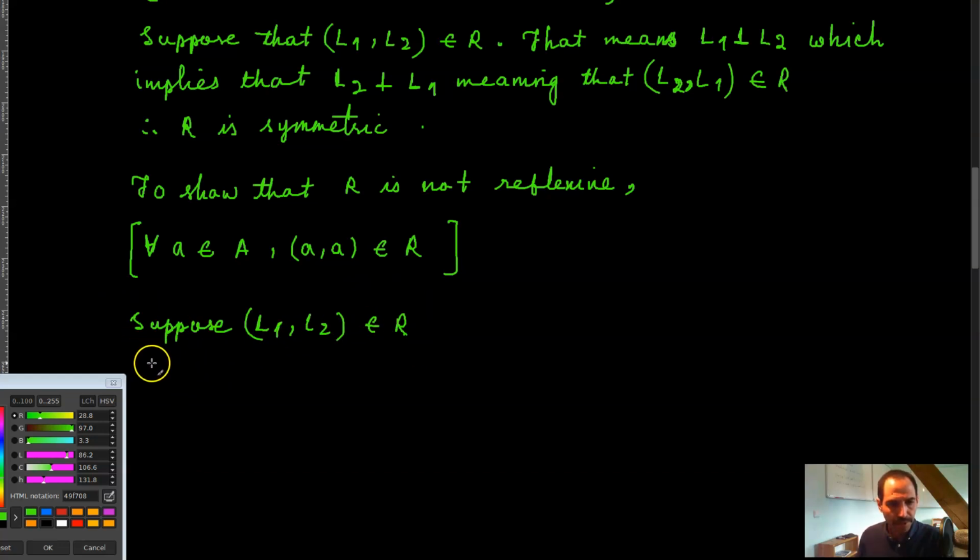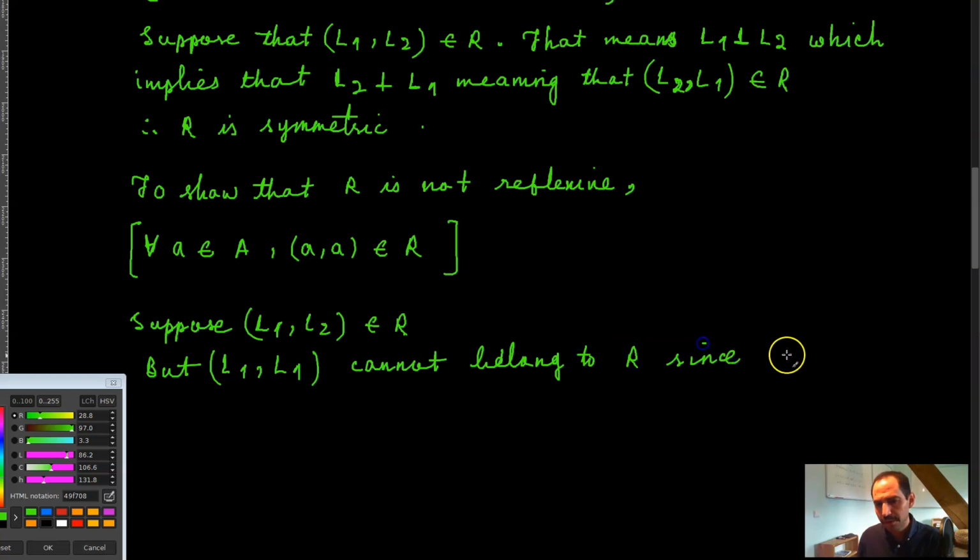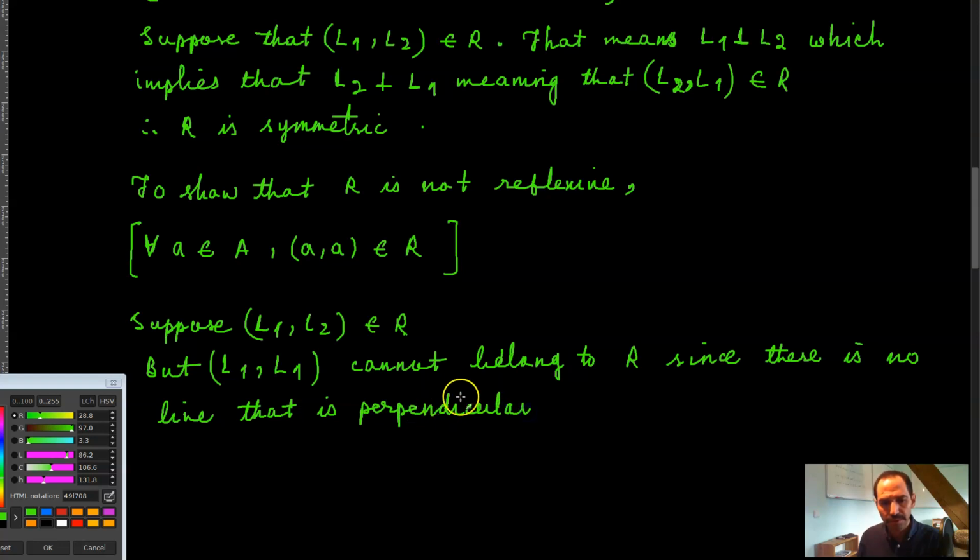But L1 comma L1 cannot belong to R, since there is no line that is perpendicular to itself.